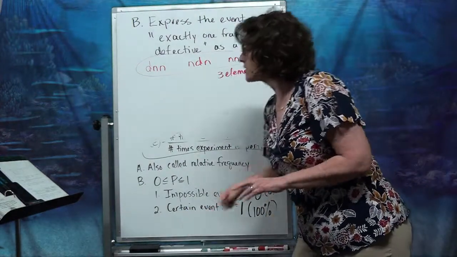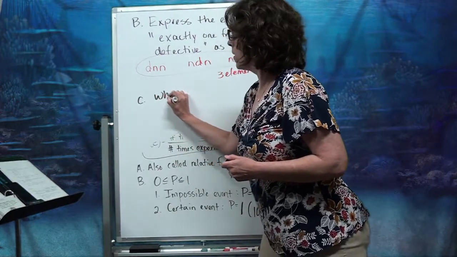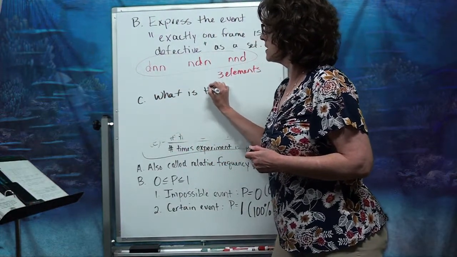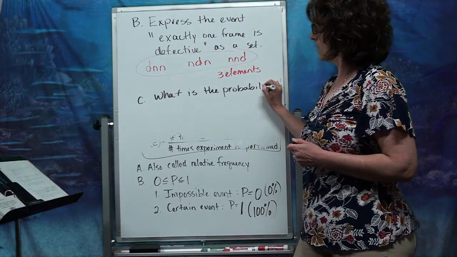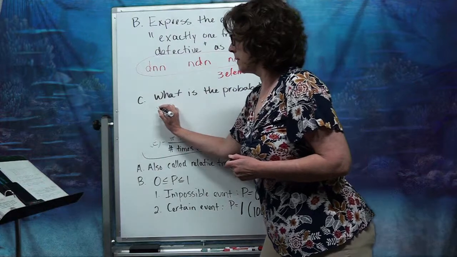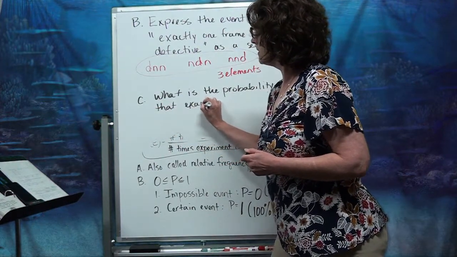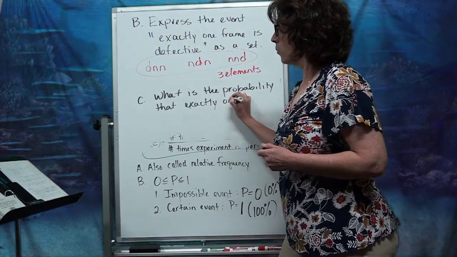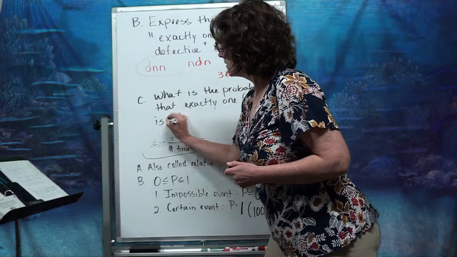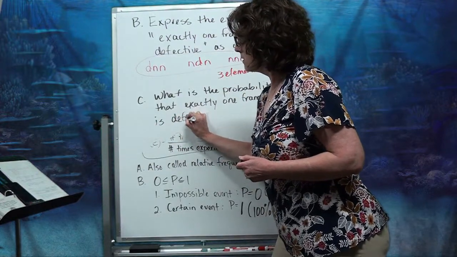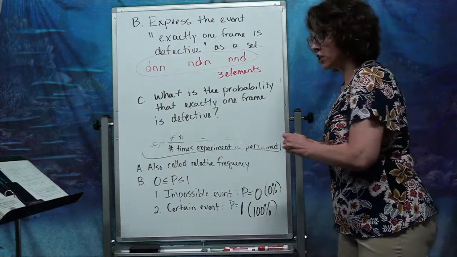Now, let's take this a step further, and let's say that my next question says, what is the probability that exactly 1 frame is defective? So now we're taking the information that we just gathered.